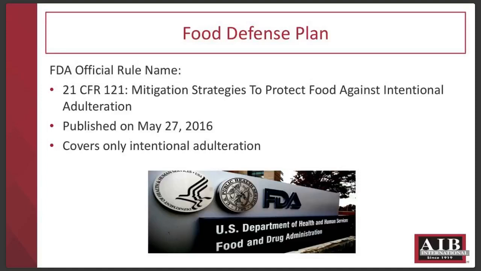This rule or regulation only focuses on intentional adulteration, whereas the food safety regulation focuses on accidental contamination or adulteration.